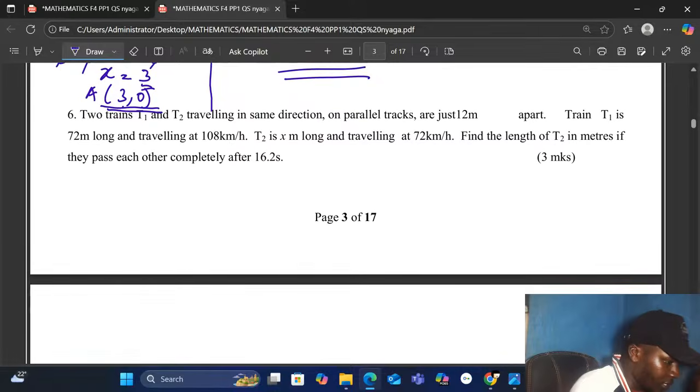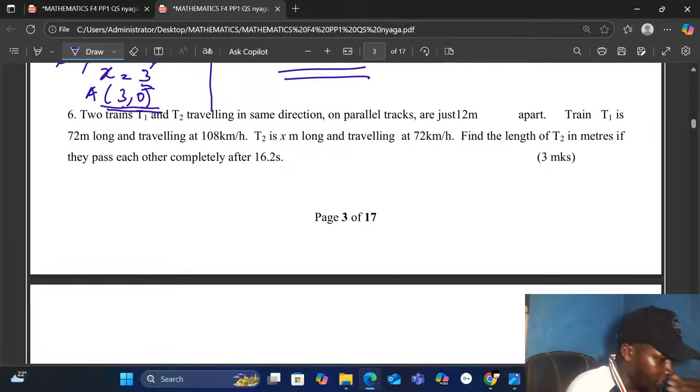Question number 6. Two trains, that is train T1 and T2, traveling in the same direction on parallel tracks are just 12 meters apart. Train T1 is 72 meters long and traveling at 108 kilometers per hour.